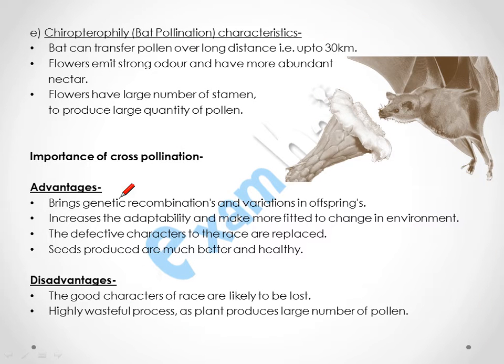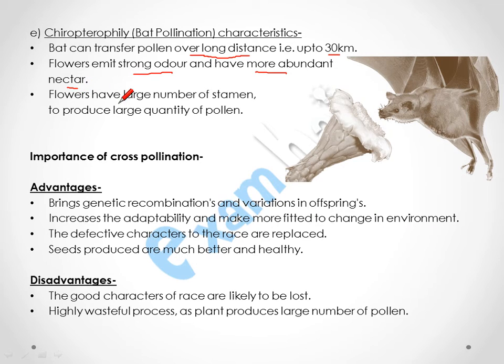Now the next is chiropterophily, bat pollination. So the pollination occurs through bats, in which the transfer of pollen grains can be done over a long distance, up to 30 km. The flower emits a strong odor and has an abundant amount of nectar.